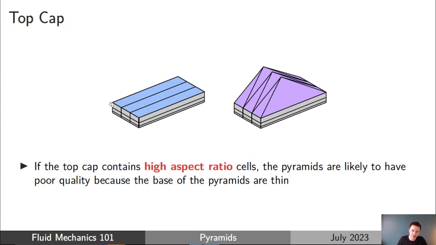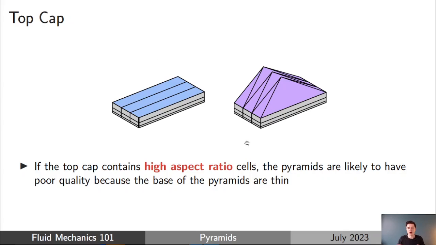The first thing I want you to do is think about the surface of that top cap. If the 2D cells in the top cap have a very high aspect ratio, so for some reason you had very long, thin quadrilaterals, the quadrilaterals become the base of the pyramids, and the pyramids are grown upwards from these quadrilaterals.